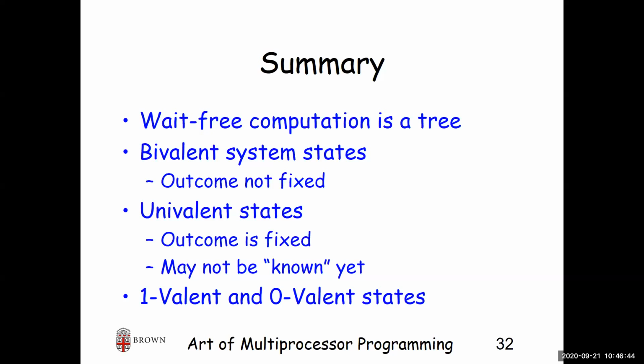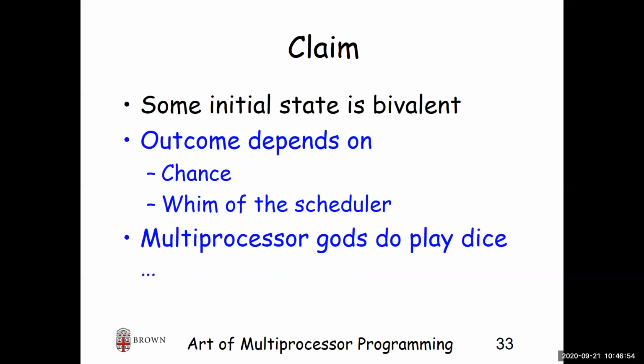Since this is a binary tree, we have only 1-valent and 0-valent states, which are our 2 outputs. So the claim is that some initial state is bivalent, and the outcome depends on chance or the whim of the scheduler or whatever, and the multiprocessor gods do play dice.